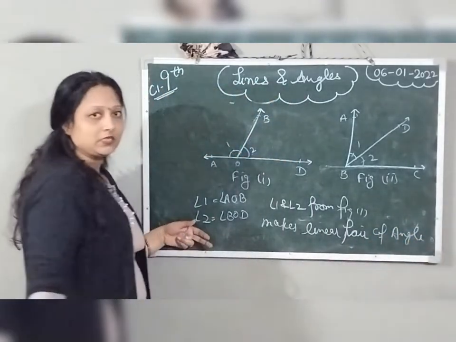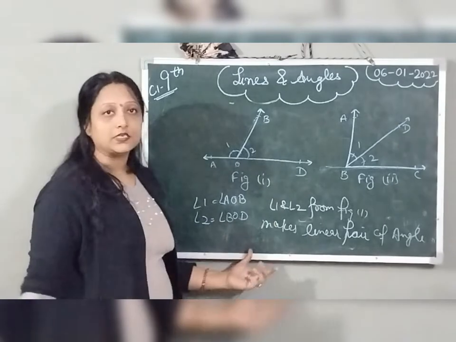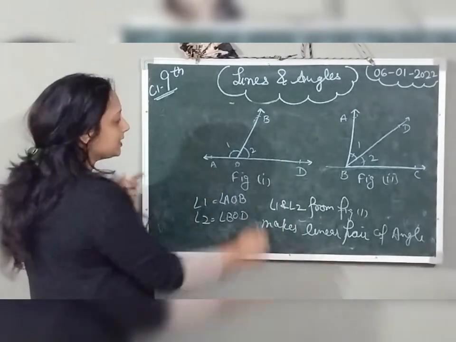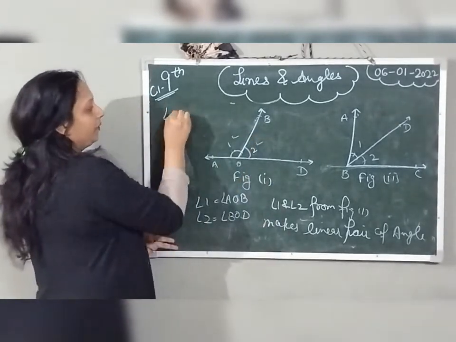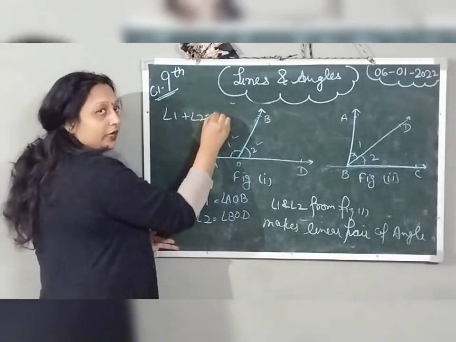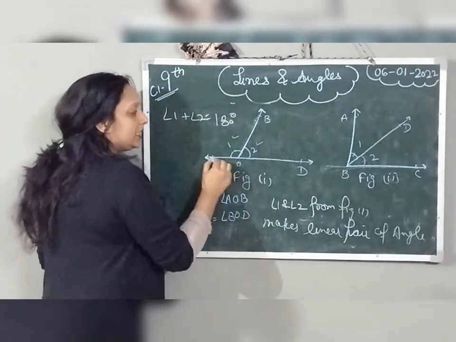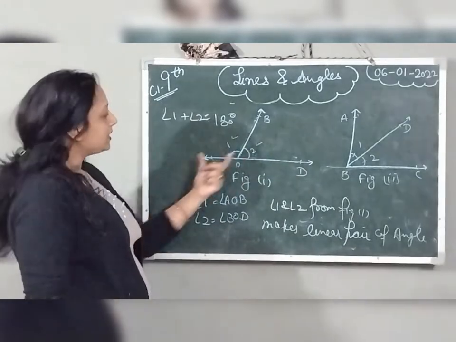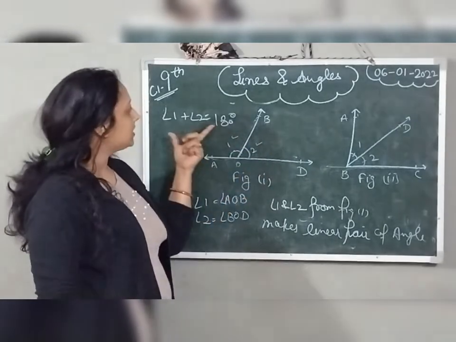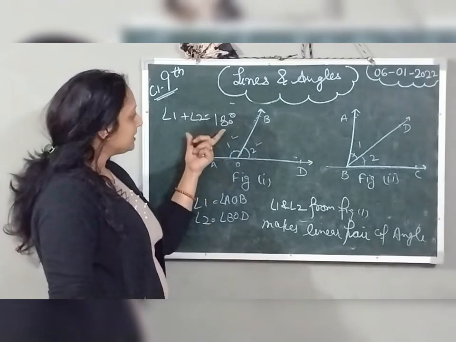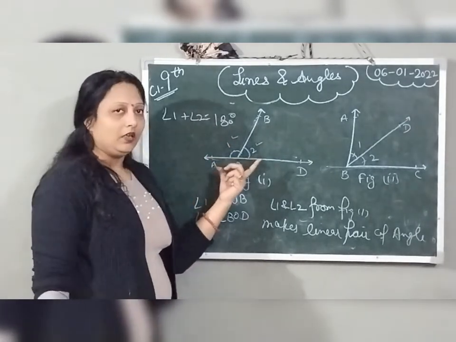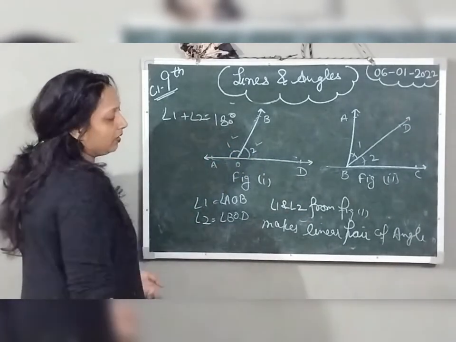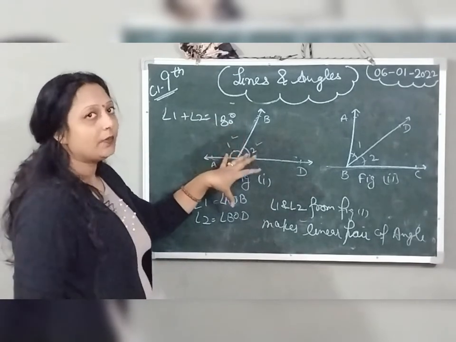What does it mean? Linear pair of angles means angle 1 plus angle 2 is equal to 180 degrees because it makes the straight line. So both the angles make a straight line. So these two angles are a linear pair of angles.